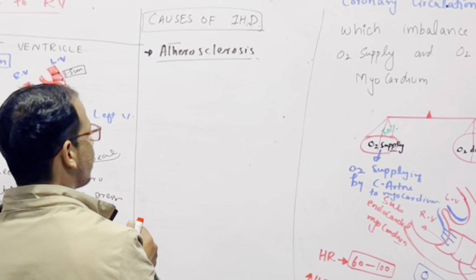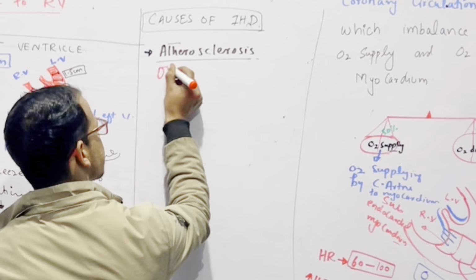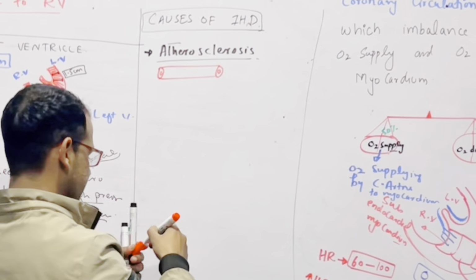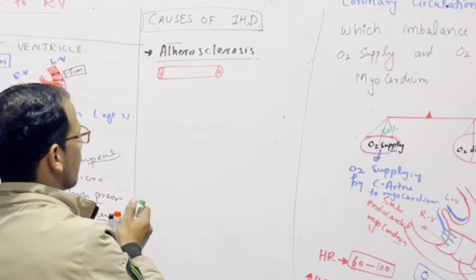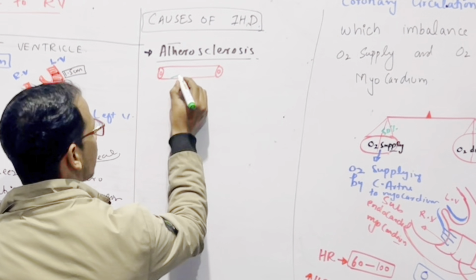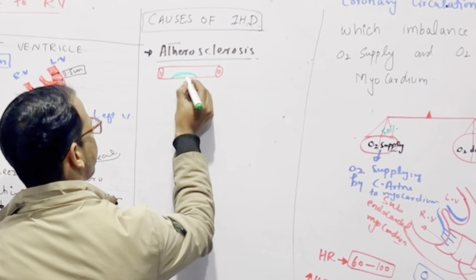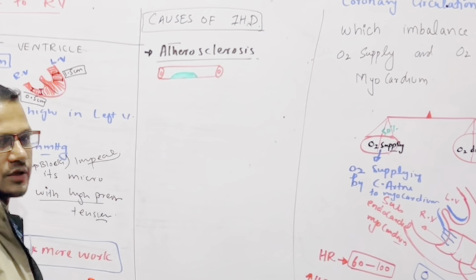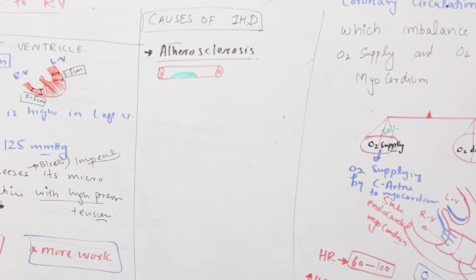Atherosclerosis is the formation of plaque in coronary circulation. For example, this is the coronary circulation and fats accumulate here and form a plaque. This is the obstruction for coronary circulation. This is called atherosclerosis. We will discuss it in detail.